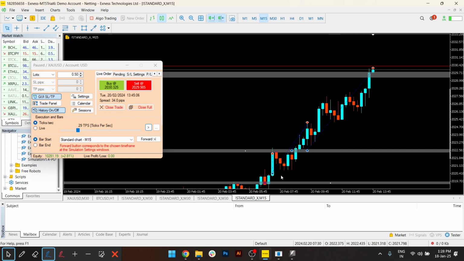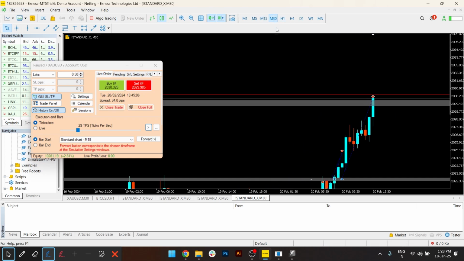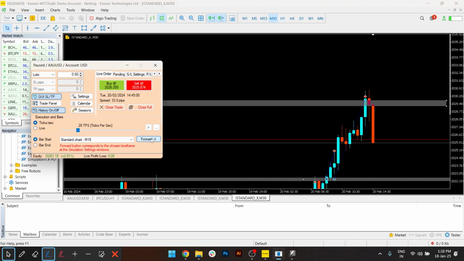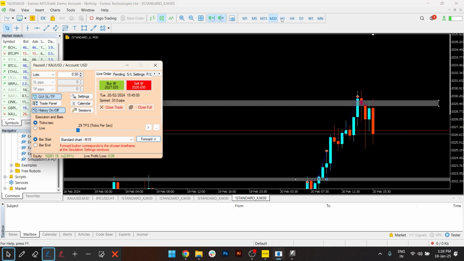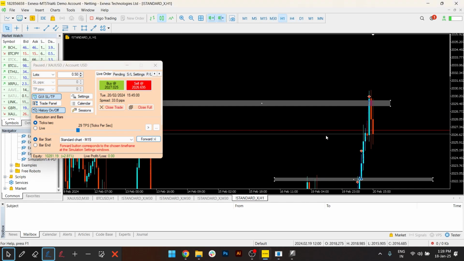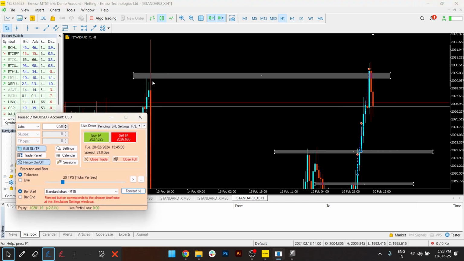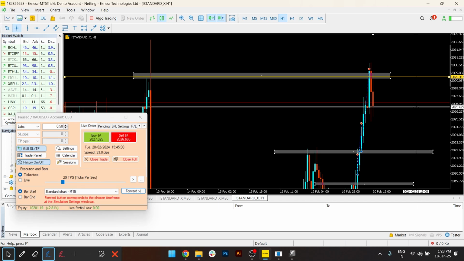Look at how beautiful this price action was. When we mark this zone, see how price reacted to this zone. This was your resistance, and see how price reacted to this resistance, and then it is coming down.